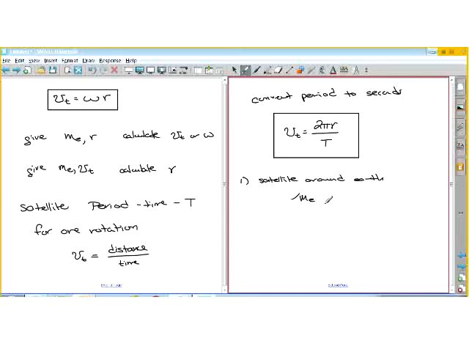So you're given the mass of the Earth, and if I give you the radius of the satellite, and I could either give you that directly or I could give you the height, and you could calculate. I could give you the radius of the Earth, and you could add the elevation.